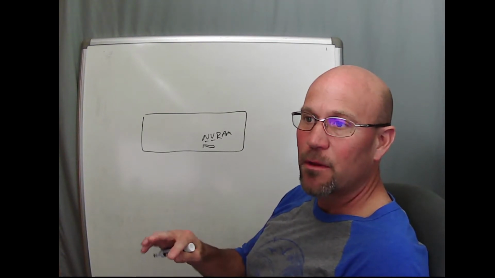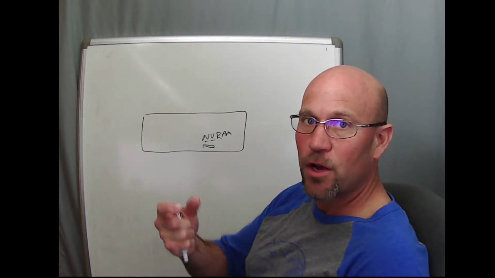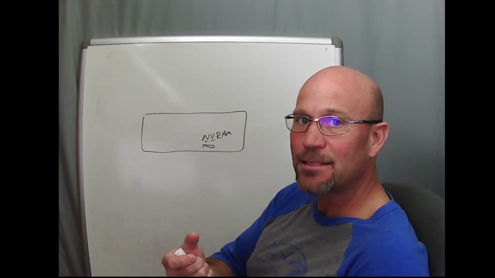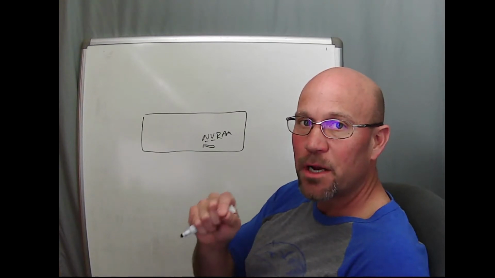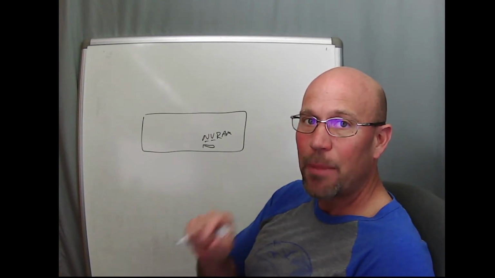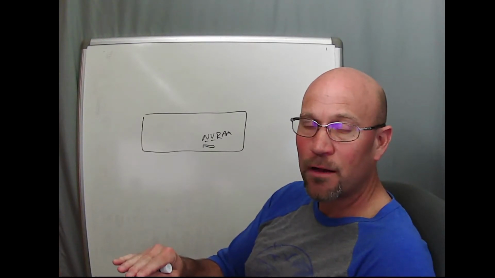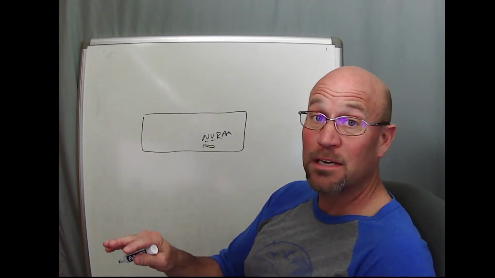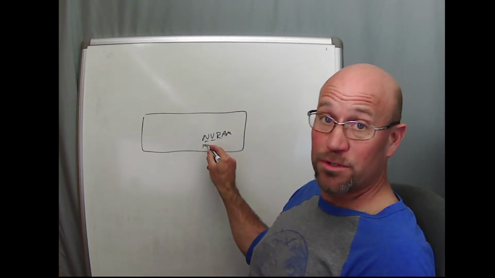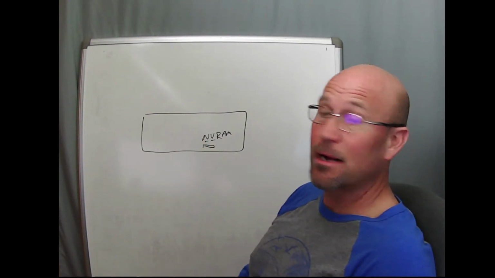It holds itself across power cycles. If you power the router off, it retains whatever's in there because of a battery that keeps the chip powered. You can power the router off for a long time, and whatever's in that non-volatile RAM chip will still be there when you power the router back on.